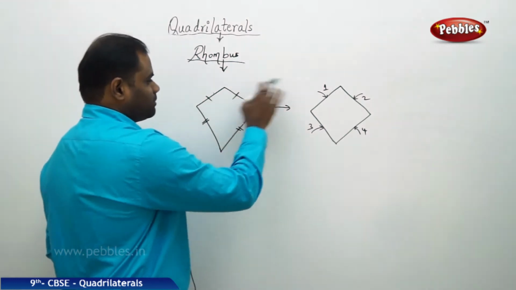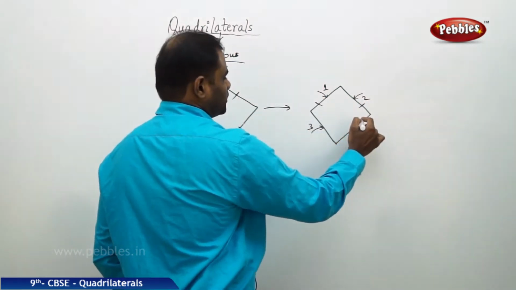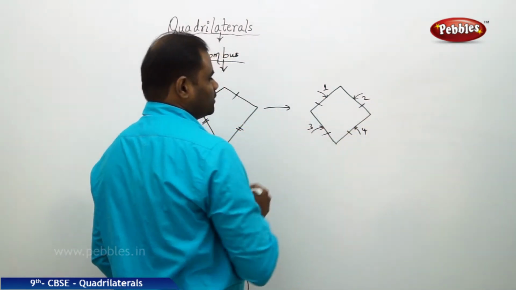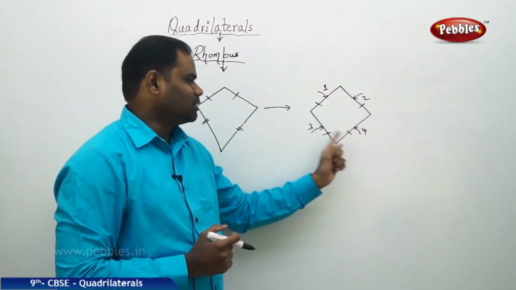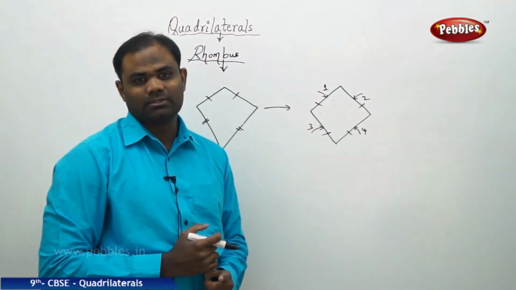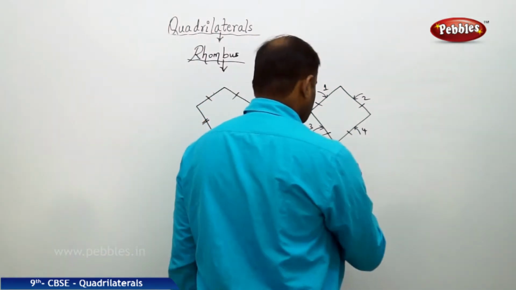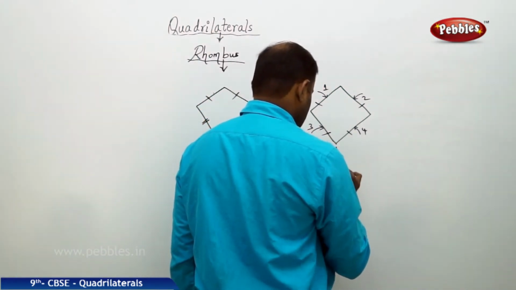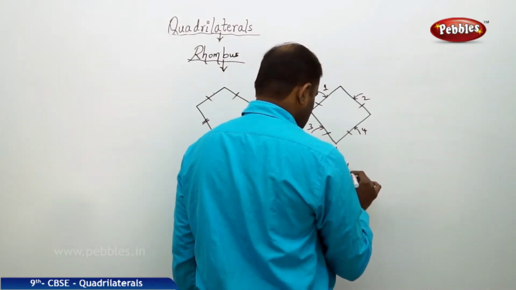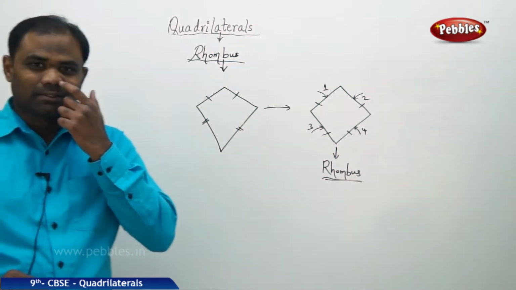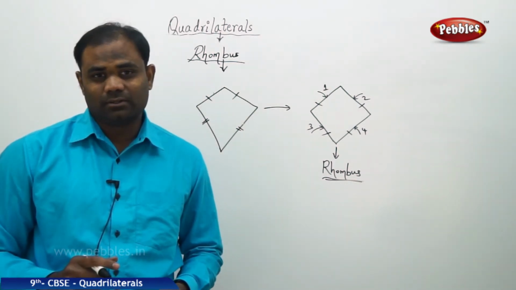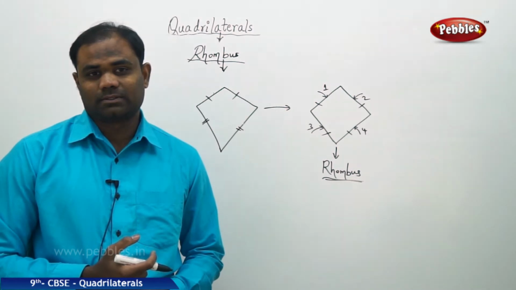Then I get this shape transformed into a shape where all lines are of equal lengths. A kite in which all the lengths are equal is called a rhombus. So this figure when formed is called a rhombus. A kite whose all sides are equal is called a rhombus.